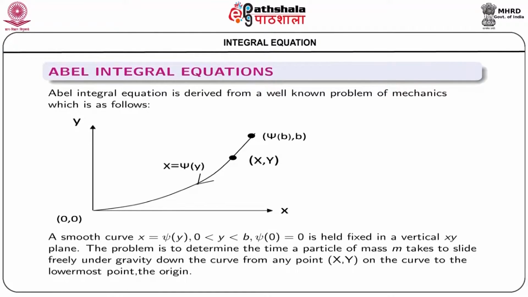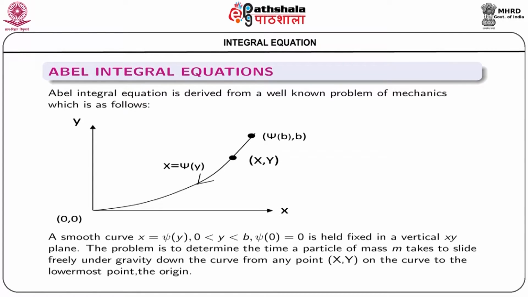Now we shall derive Abel integral equation from a well-known problem of mechanics, which is as follows. A smooth curve x equal to psi y, where y lies in the interval 0 to b with psi 0 equal to 0, is held fixed in a vertical xy plane.